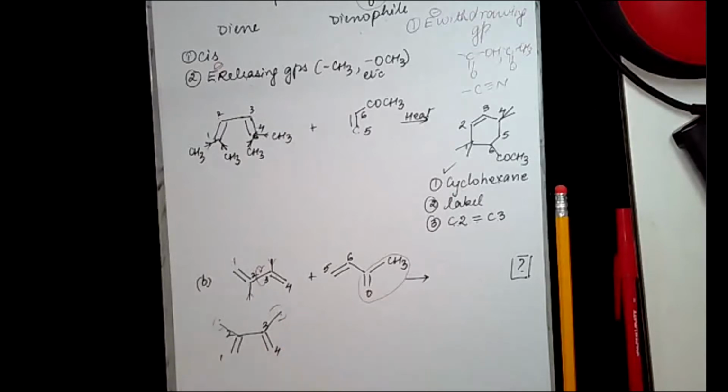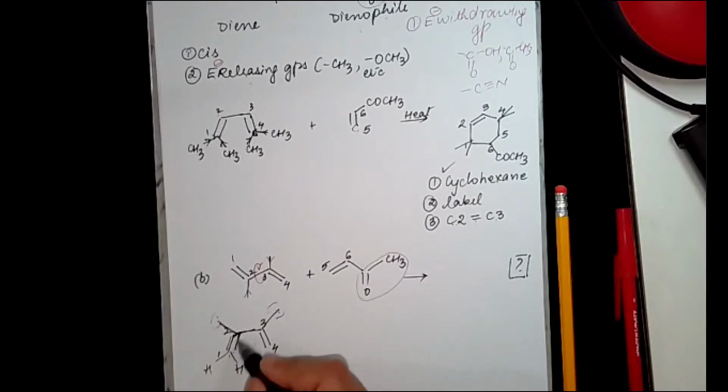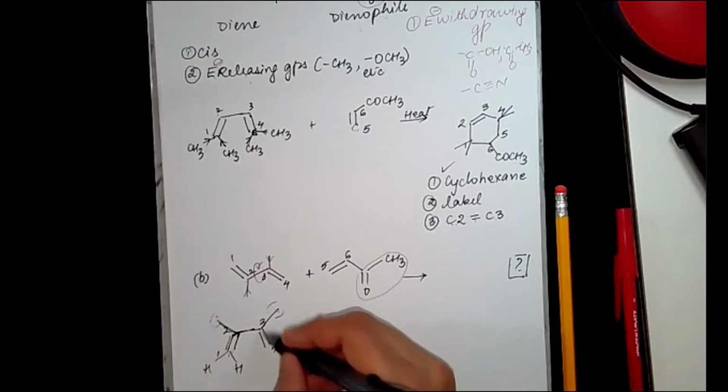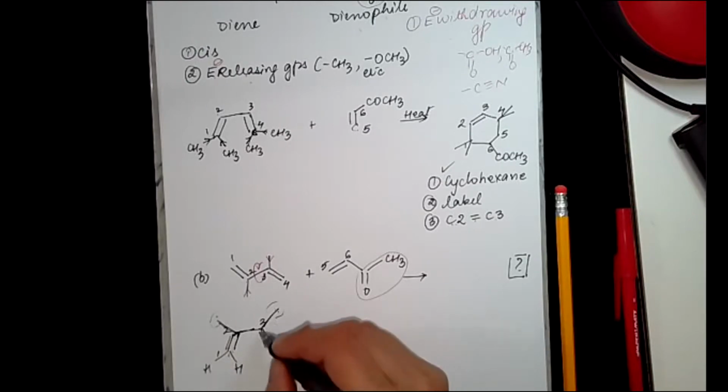Looking at this, on this alkene, how many substitutions do you see? I see 1, 2. What about these two? These are just hydrogens. So this is a di-substituted alkene. Similarly, this is also a di-substituted alkene. These two are just hydrogens.